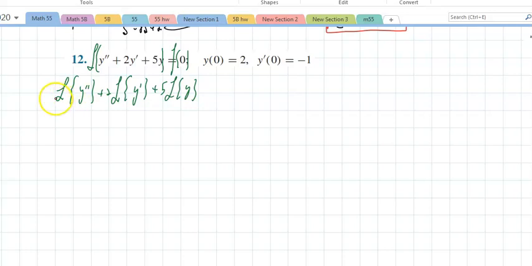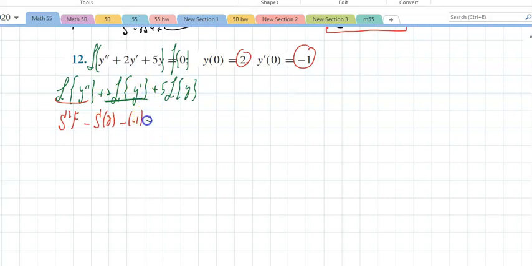If I take this first piece, that actually would be s squared times F minus s times F of 0, which is 2, minus F prime, which is a negative 1. That takes care of that.